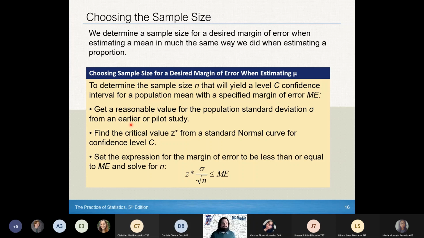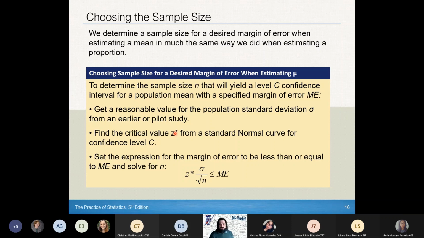Unlike proportions, if I don't have something to use, I can't continue. There's no default value. Like with proportions, we can say, well, I don't have a previous study, so I'm just gonna use 0.5 as my estimate. We can't do that here. It's not allowed. Right? We have to have something to use. Then we find the critical value Z star.